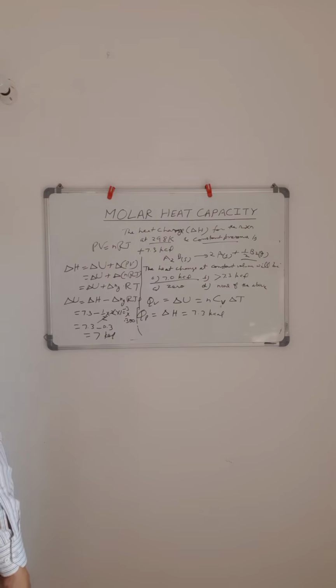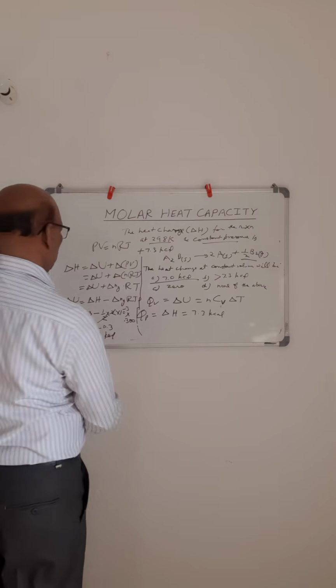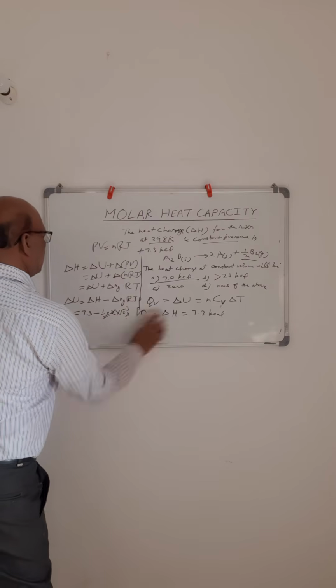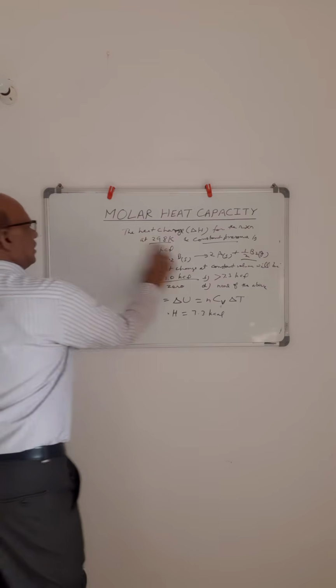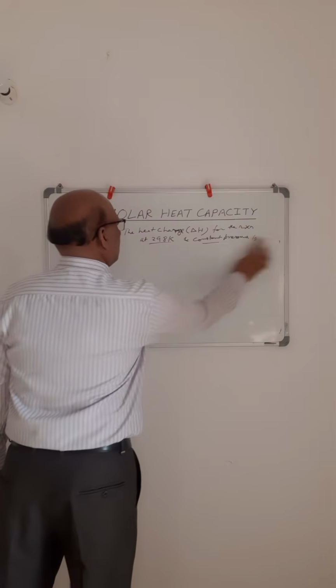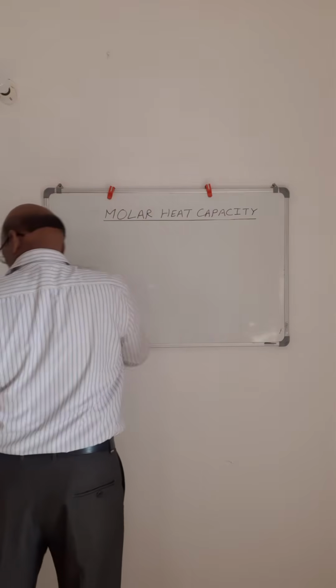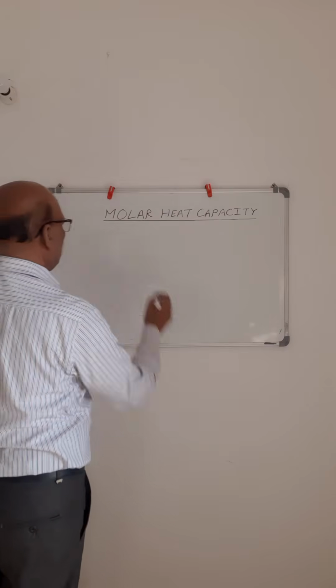So that is how we can find out the value of heat change at constant volume or at constant pressure. If one is given to us, the other can be found out. To summarize, we have used the following formulas that you have to note down.